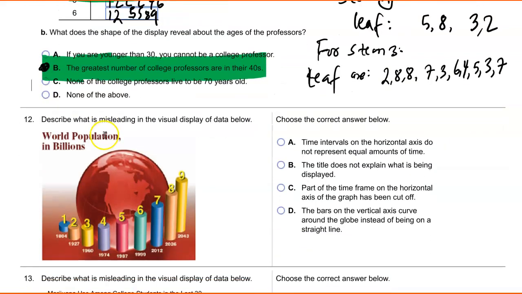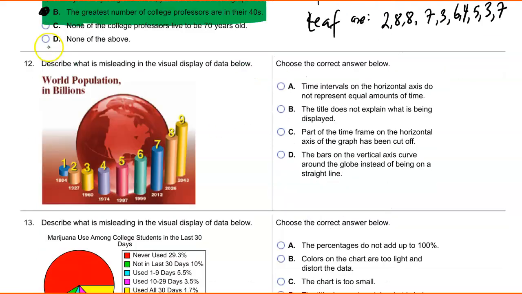Part C. Describe what is misleading in the visual displays of the data. Okay, that's the question. Question number 12. Describe what is misleading in the visual display of the data below.